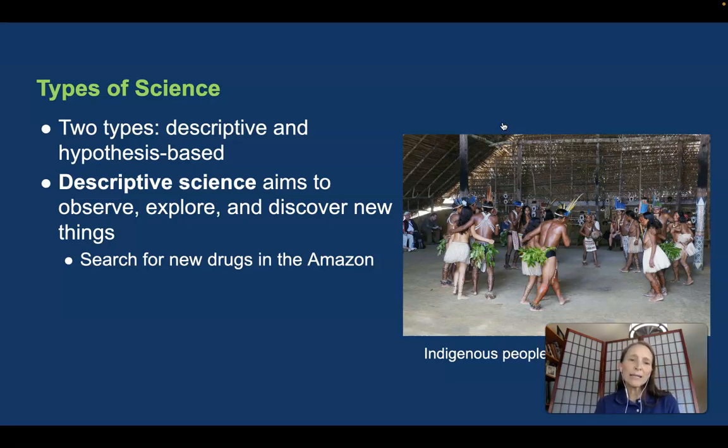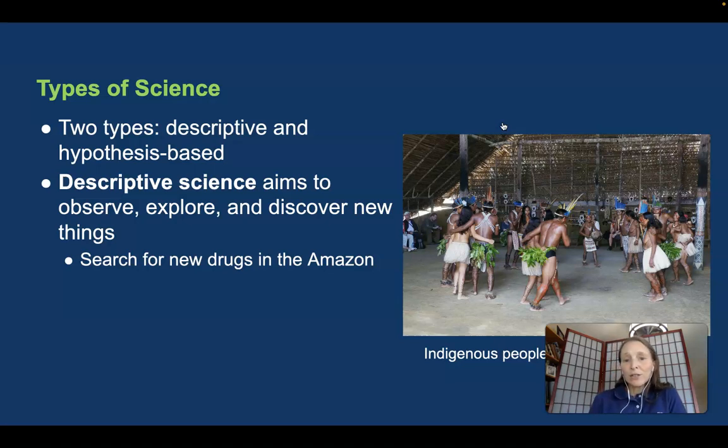Now, as you can probably guess, descriptive science oftentimes will lead to hypothesis-based science. Descriptive science aims to observe, explore, and discover new things. When we're doing descriptive science, we might be searching for new drugs in the Amazon by searching for new plants.